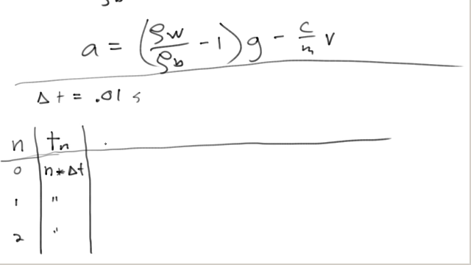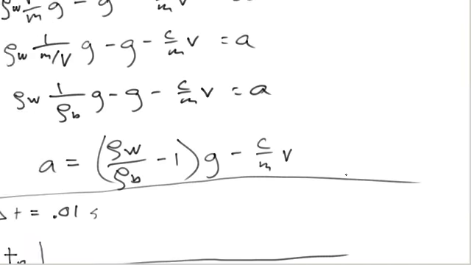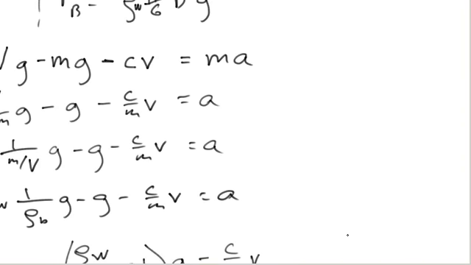Let's see what I want next. I'm going to define upward to be my positive direction. So I've got a coordinate system, call it the positive y direction, and the ball is moving along there. Everything is positive upward.